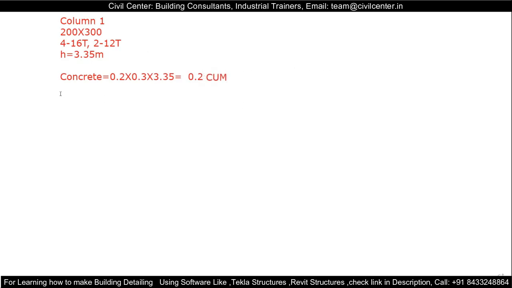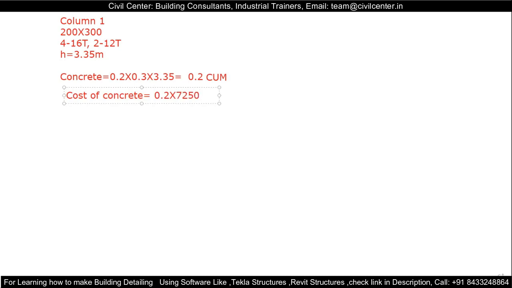Now we will go for the calculation of the cost. So the total cost of concrete will be this volume multiplied by per cubic meter cost. So over here we have 0.2 into 7250.